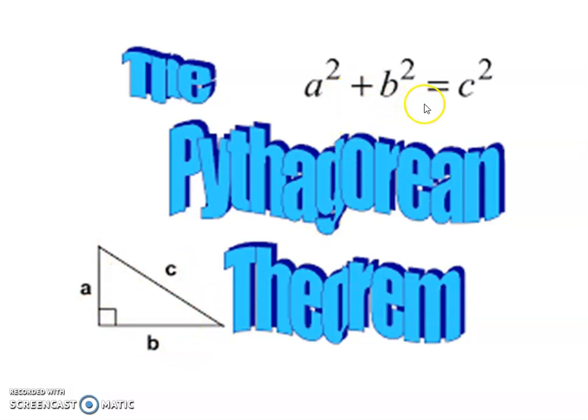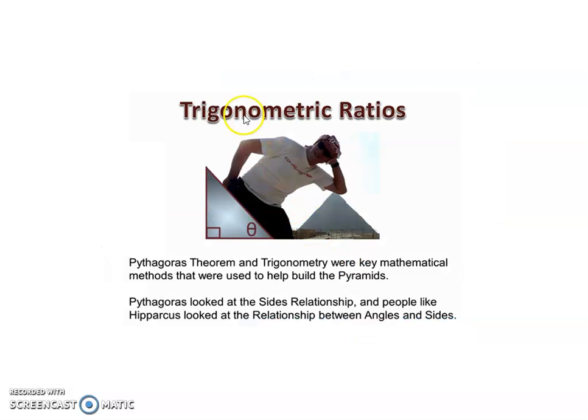So a square plus b square is equal to c square. Trigonometric ratios: the Pythagoras theorem and trigonometry were key mathematical methods used to help build the pyramids. Pythagoras looked at the relationship of the sides, and people like Hipparchus looked at the relation between angle and sides.